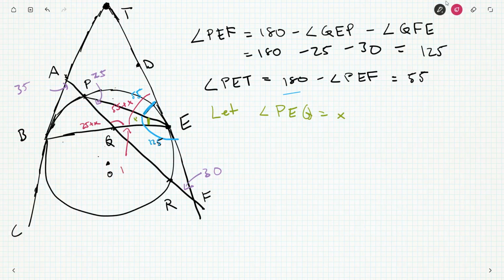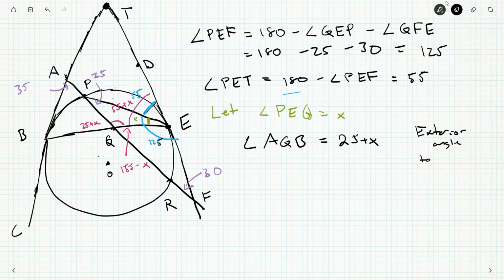No, 155 minus X. Okay. Well, let's note this 25 plus X at least. So angle AQB is 25 plus X. You could probably say, exterior angle, if you wanted to explain it, exterior angle to triangle PEQ.